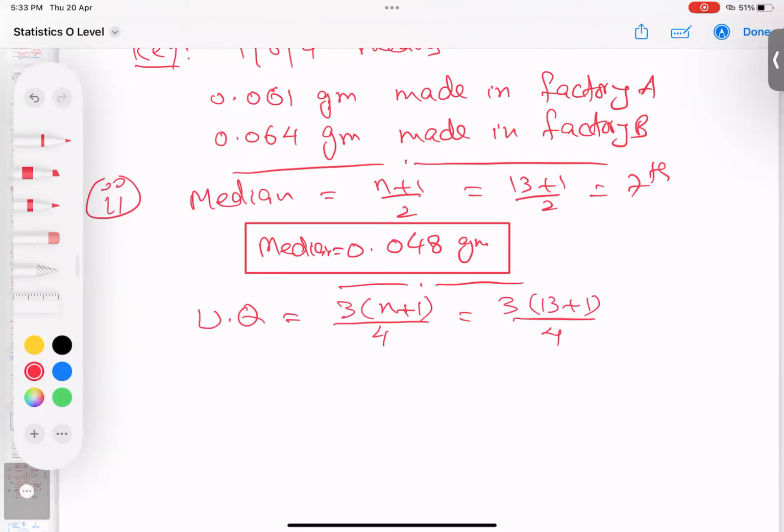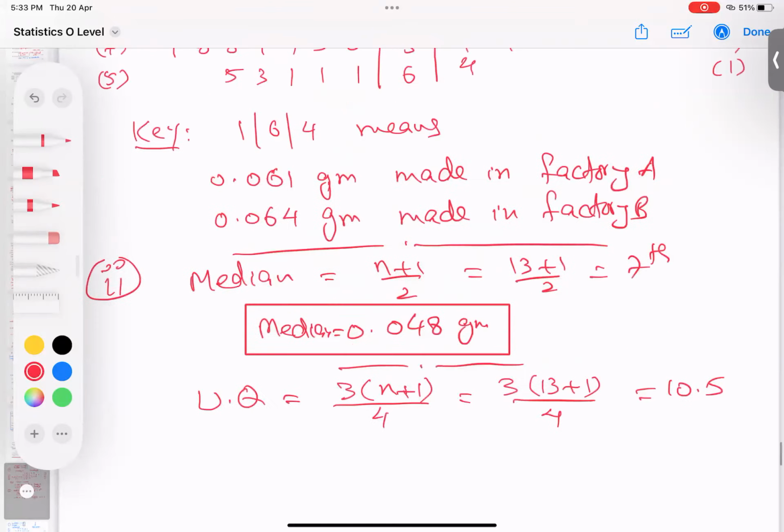And if I type it in the calculator, students, let's see what answer is coming. I'm getting 3 times 14 divided by 4. I'm getting 10.5. It is coming in the middle of the 10th term and 11th term. So for factory B, I'm looking for 10, 11.